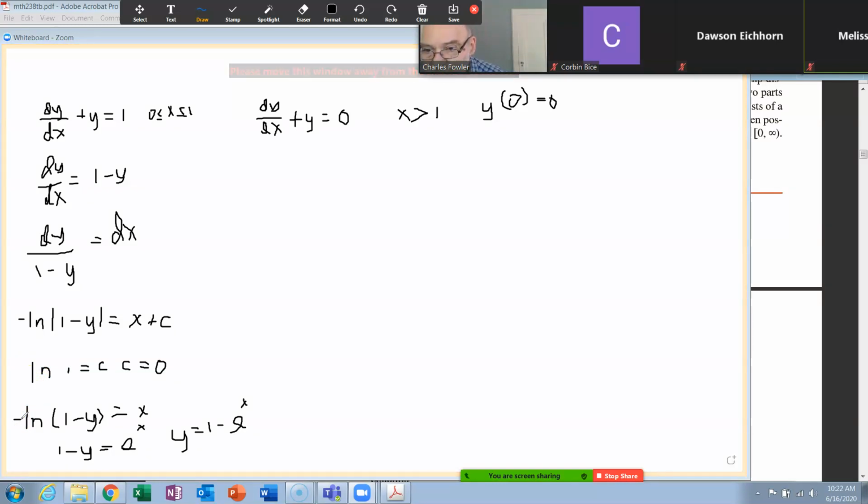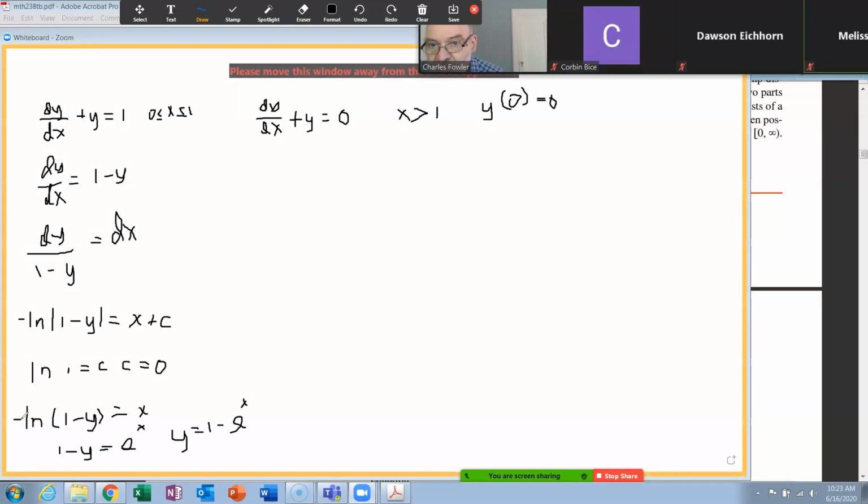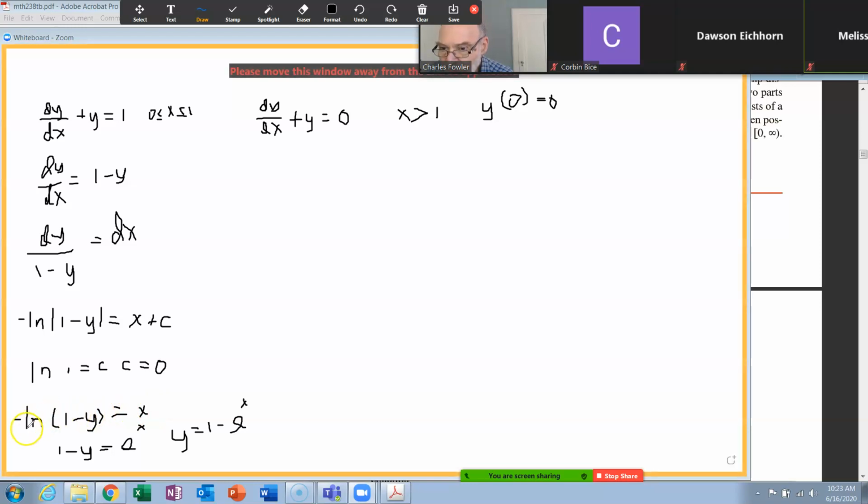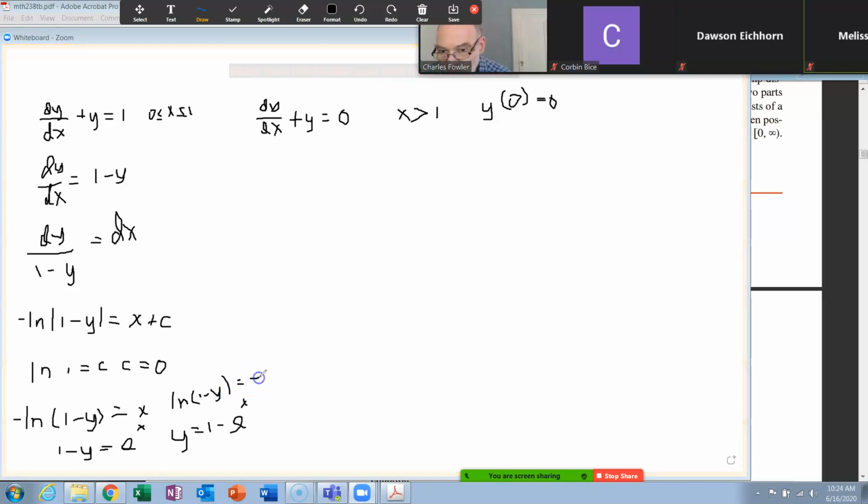When y is equal to 0, x is equal to 0. So what we'll do at this stage is multiply both sides of the equation by minus 1, and this becomes the log of 1 minus y is equal to negative x.